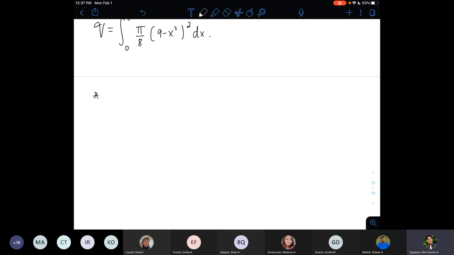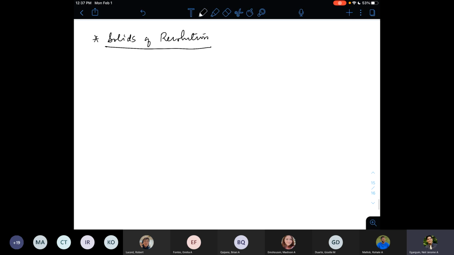Now I'll go ahead to solids of revolution. My problem with solids of revolution is that you just finished the disk and washer method in the lecture today, because I was planning to consider a solid and then set it up using both cylindrical shells and the disk or washer method.